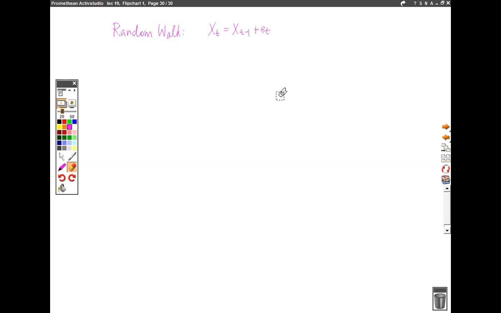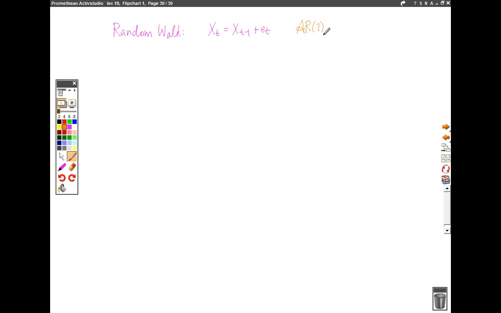Is this an AR or MA or ARMA, or what kind of a model do you think this random walk is? It just looks like an AR, right? It just looks like an AR(1), because what we have here is only dependency till t minus 1. So it will be an AR(1) model.